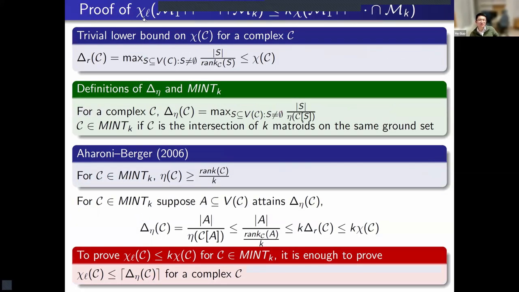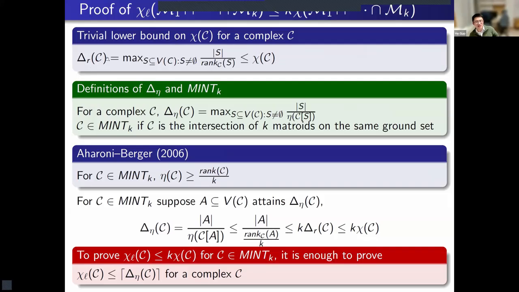So recall that we want to prove that the list chromatic number of the intersection of k matroids is at most k times the chromatic number of the intersection of k matroids. And again, we can find a trivial lower bound on the chromatic number of a complex C. We have seen this before in the advanced result.